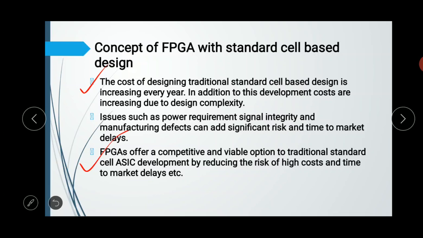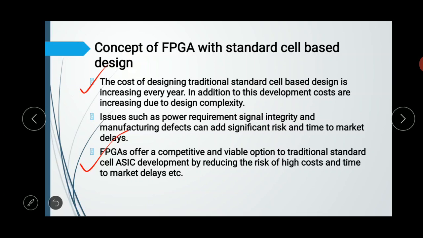With the availability of multi-million gate FPGA architectures and support for various third-party EDA tools, we can use a design flow similar to that of traditional standard cell-based design devices to create system on a programmable chip designs in FPGAs.